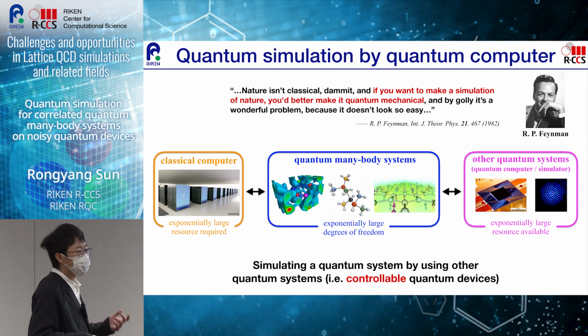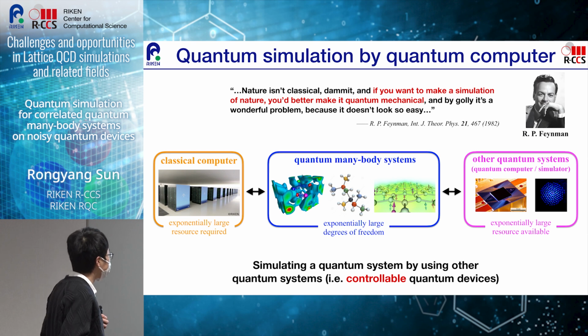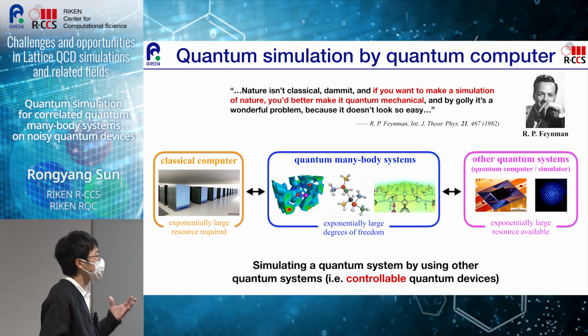But we can also think about this question another way. Like Richard Feynman said, if you want to simulate nature, which is quantum mechanical, you can make the simulation itself quantum mechanical, which means you can use another quantum system.